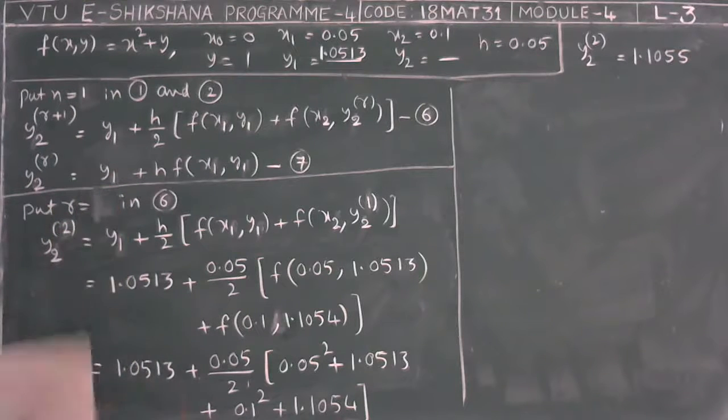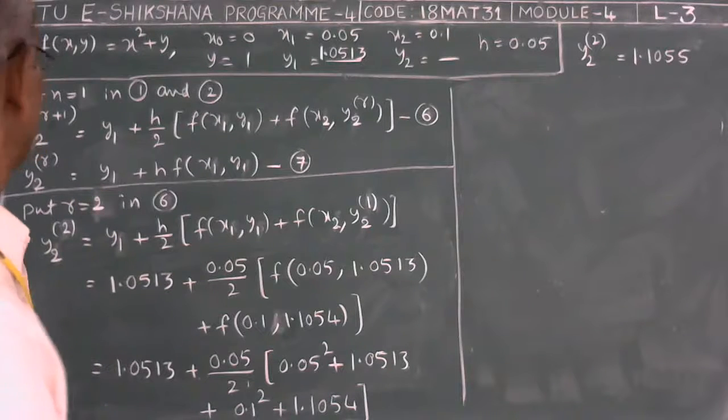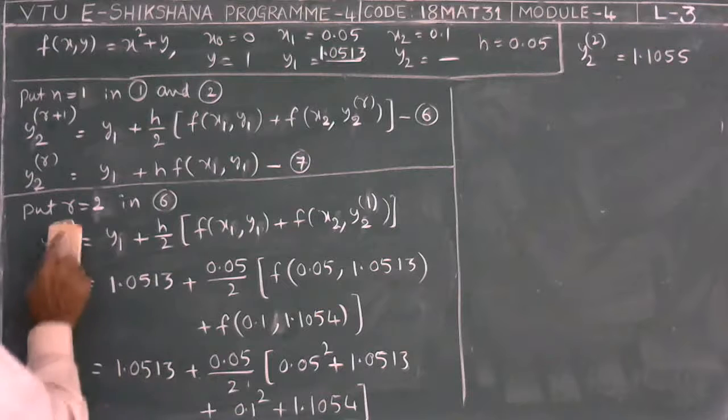So repeat this procedure. Put r equal to 2 in 6. So what do you get?